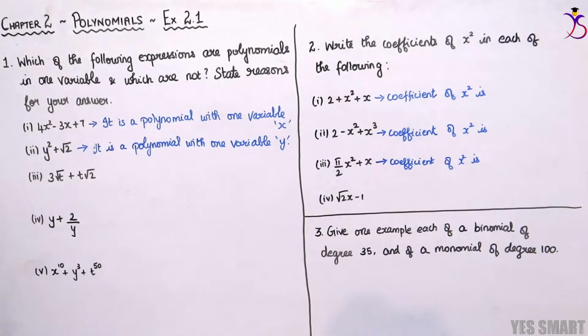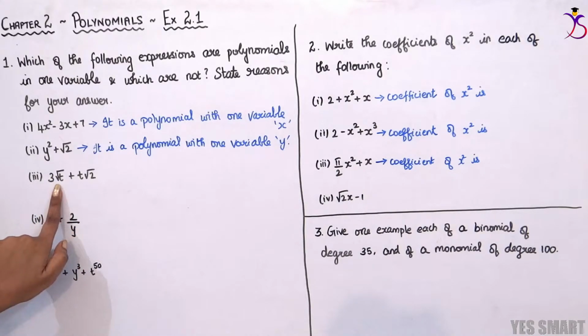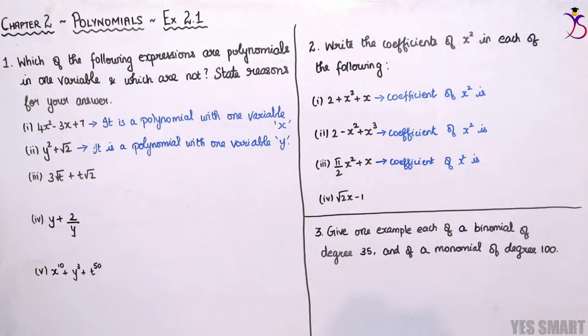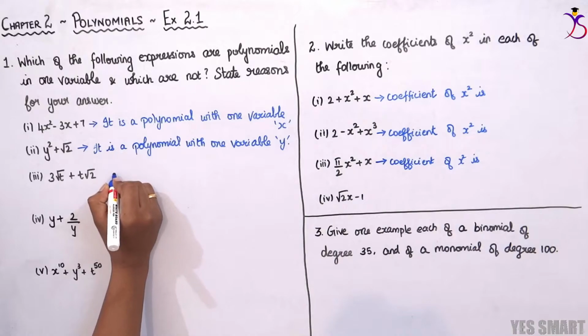Third subdivision, we have square root of t. The variable in the expression is t. In the first term, we have square root of t, meaning t to the power of 1 by 2, that is t to the power of half. In the second term, we have t power 1. However, we already know that we are not supposed to have powers in fraction.